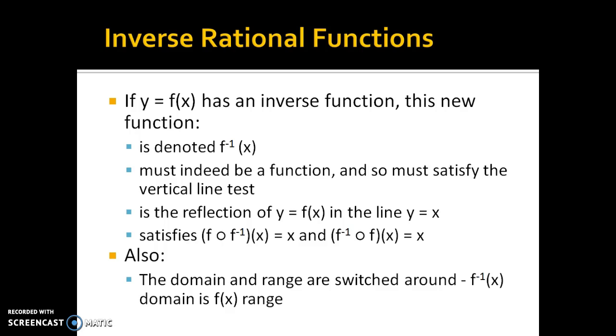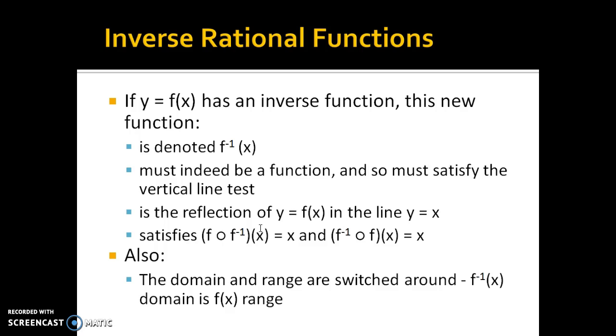Again, the inverse is also a reflection of the function in the line y equals x, which is a diagonal line of slope 1, and it should satisfy f of f inverse x.